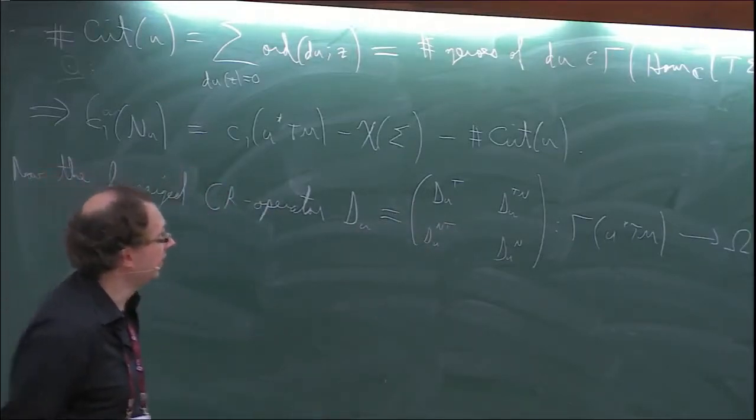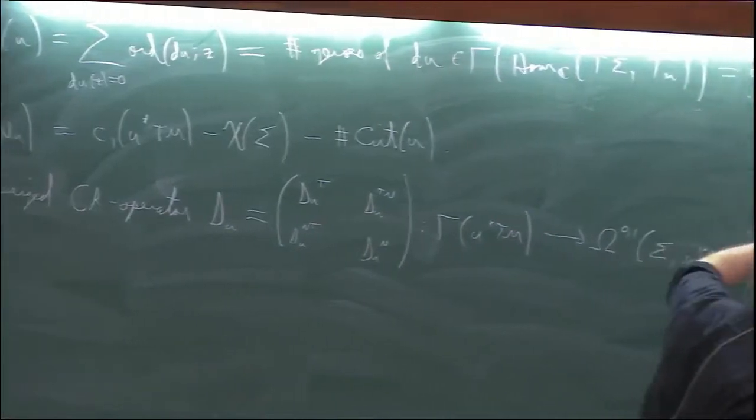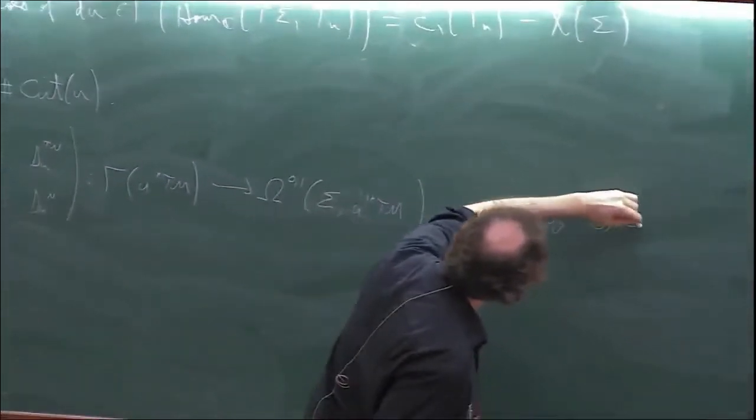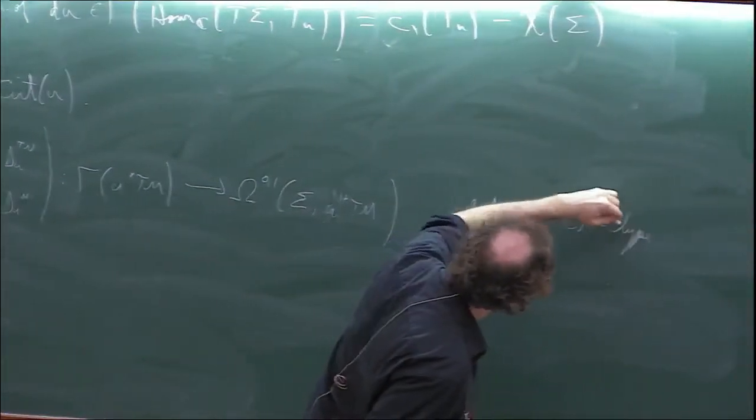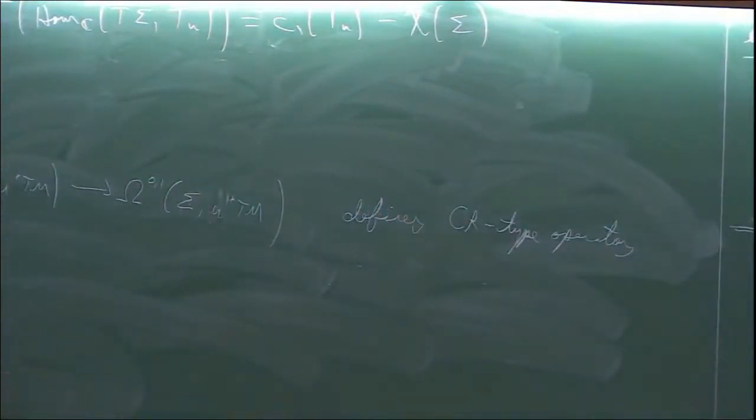So this defines, in particular, if I look at the diagonal terms, Cauchy-Riemann type operators: D_u^T, that's an operator on the subbundle Tu, and D_u^N on the normal bundle. So the second one is the one I'm interested in.